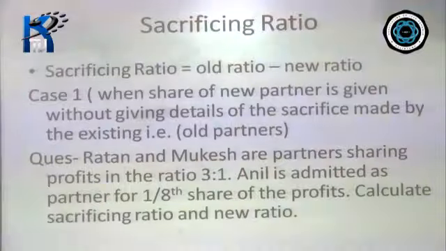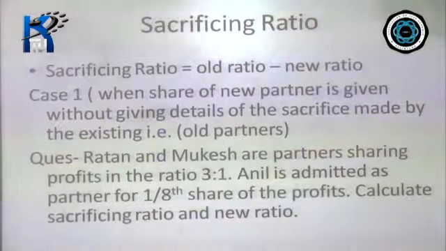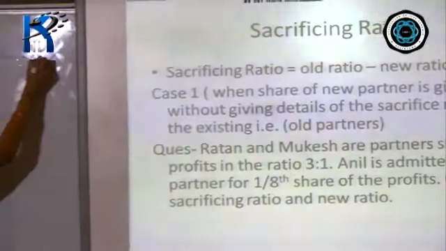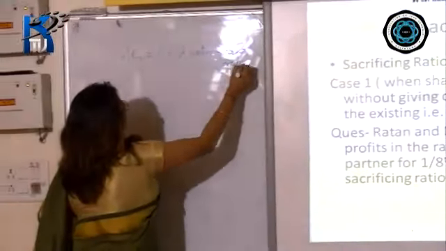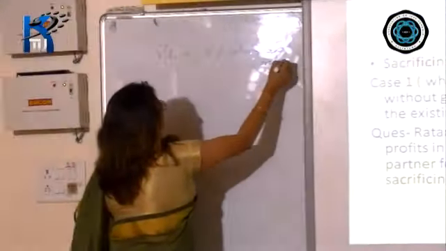It means that he has sacrificed something from his share. And in order to calculate the sacrificing ratio, there is a formula and it says old ratio minus new ratio. So when we calculate this, we get the sacrificing ratio.